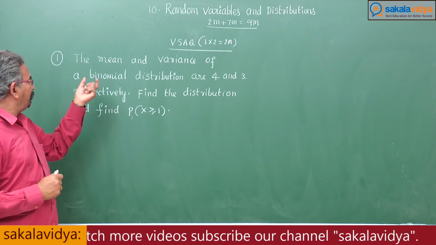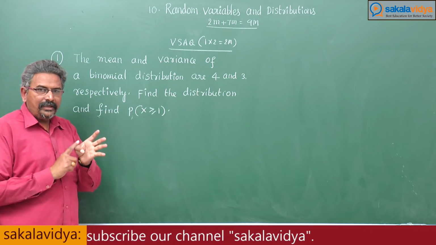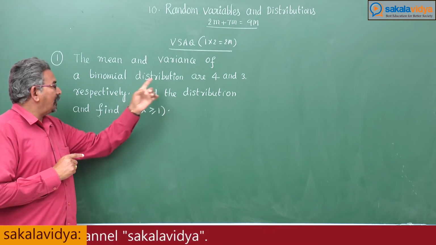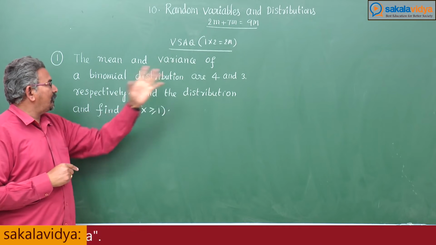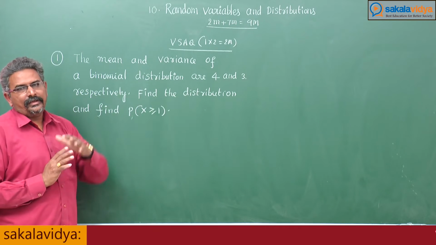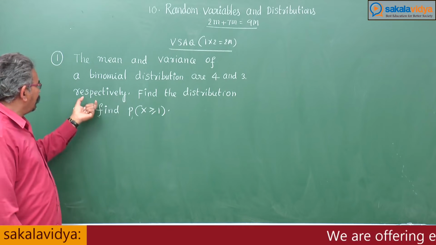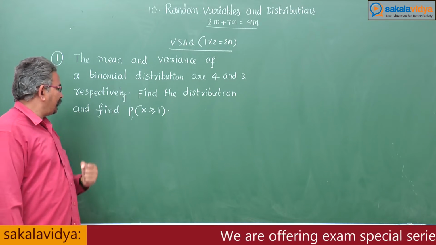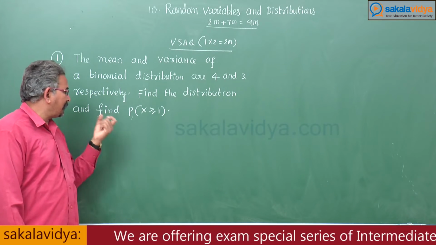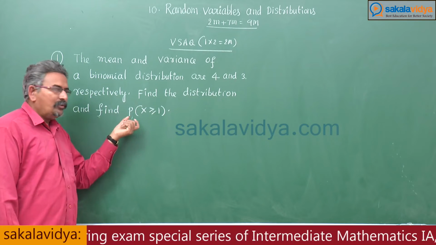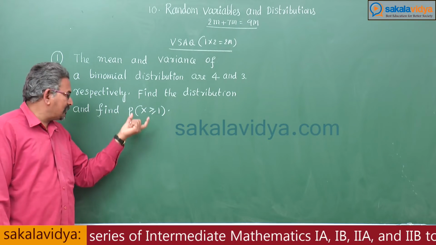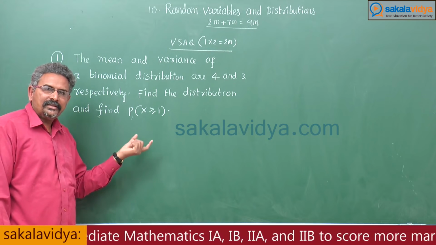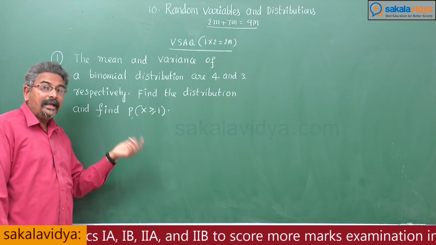In the binomial distribution the mean and variance are given. Mean is equal to 4, variance is equal to 3. First we have to find the binomial distribution, after that the probability of getting at least 1, that means P of x greater than or equal to 1. This is called the probability of getting at least 1.